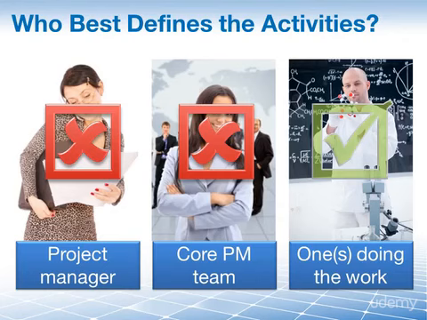Including them in the definition of activities also builds team cohesiveness and understanding. Instead of you as the project manager guessing their work, or your core PM team making assumptions and again guessing, they, the people actually doing the work, participate and explain their work that is to be scheduled.